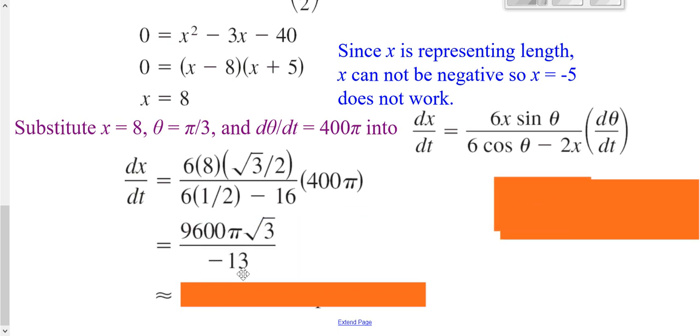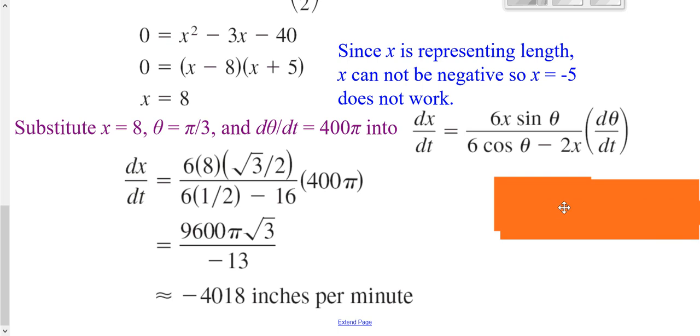We get this here, which is approximately -4,018 inches per minute. Now, technically speaking, the exact answer would be what we have here, and that would be inches per minute.